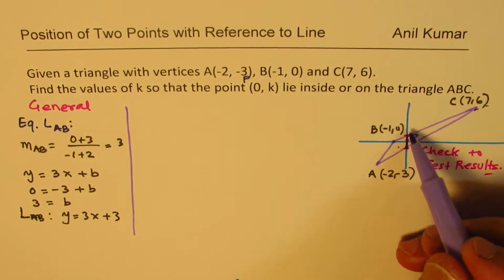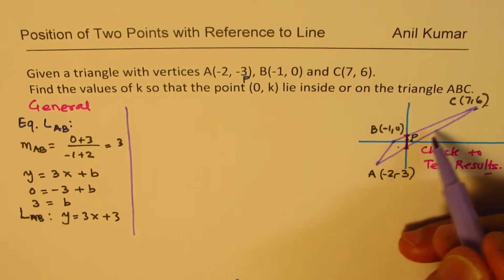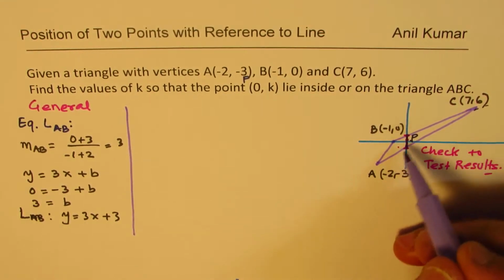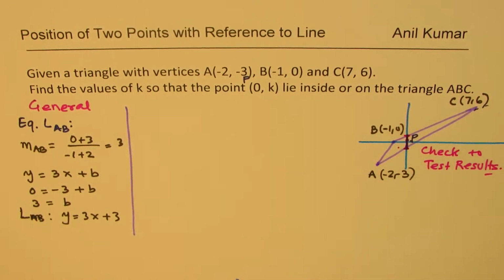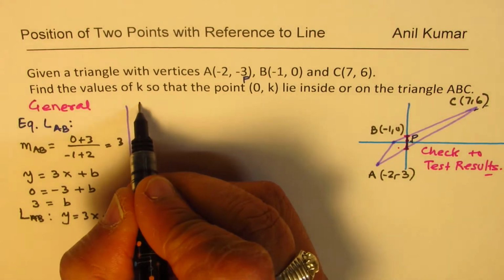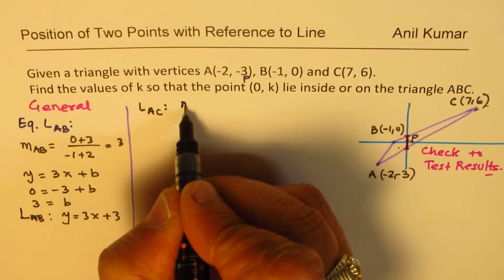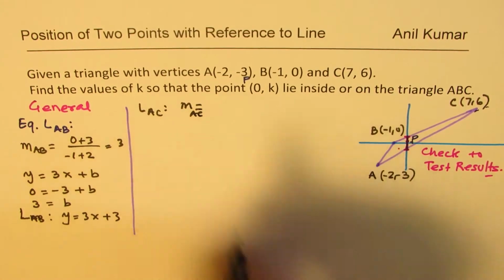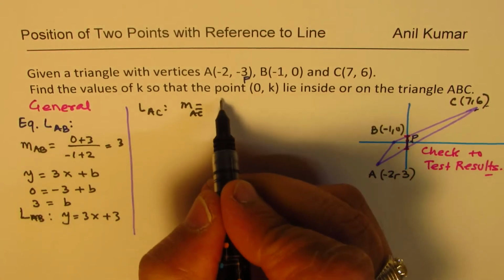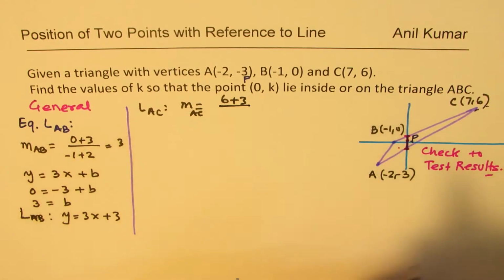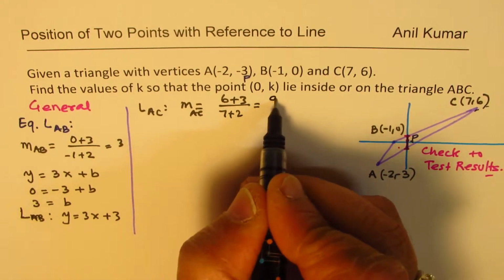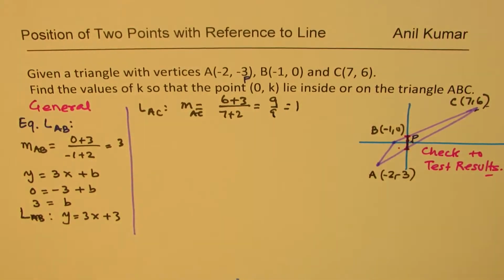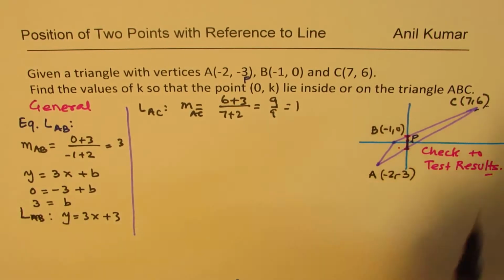Perfect. Now similarly, let us find the equation of the other lines. We can actually find all three, and then we'll figure out all the possible values. A to C: to find the equation of the line AC, we again look for the slope. The slope is 6 minus (-3), which makes it plus 9, over 7 minus (-2), which is 9. So 9 over 9 or 1. We can use either one of these points.